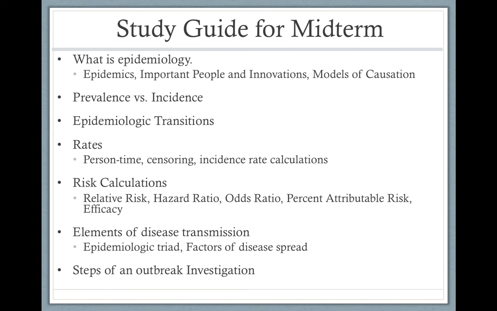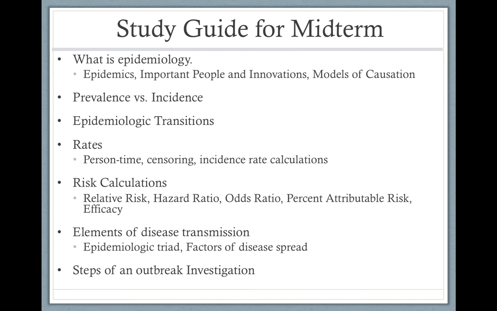All those risk calculations we talked about last week: relative risk, hazard ratio, odds ratio, percent attributable risk, efficacy. As always, I want you to know how to calculate them, but also be able to describe what they mean and interpret the results.